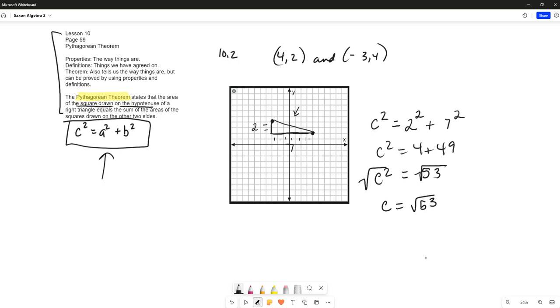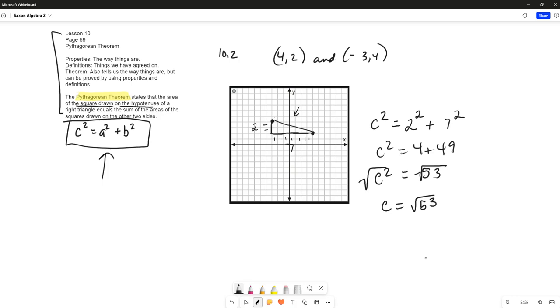And in the second one, you're going to graph these 2 points on a coordinate plane, and then you're going to draw your line between those 2 points and then make your triangle, which, by the way, you can do either way. You could go down to the right, or in my previous example, I could go up and to the left as well, because the units will be the same.